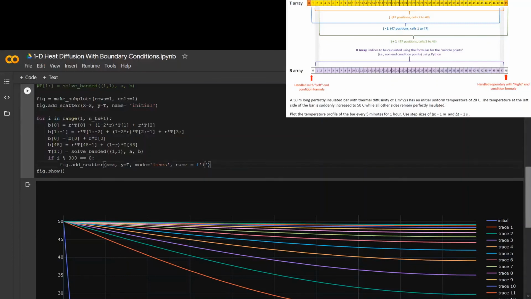Oh, I think I know. Okay, so let's do integer, and let's do i divided by 60, so that we get into the correct unit here. I need parentheses around that, I believe.